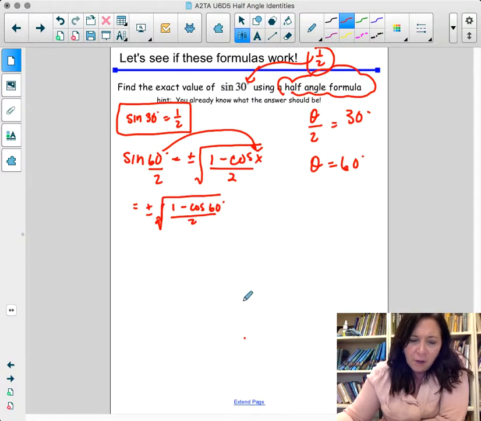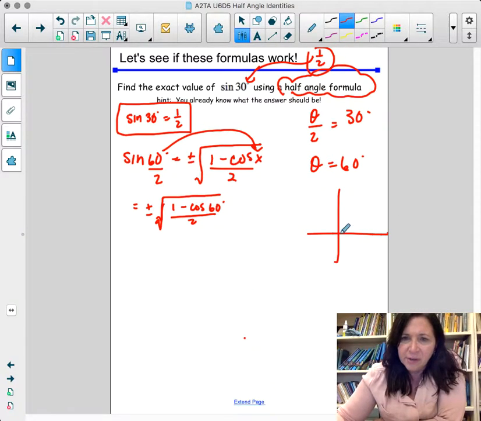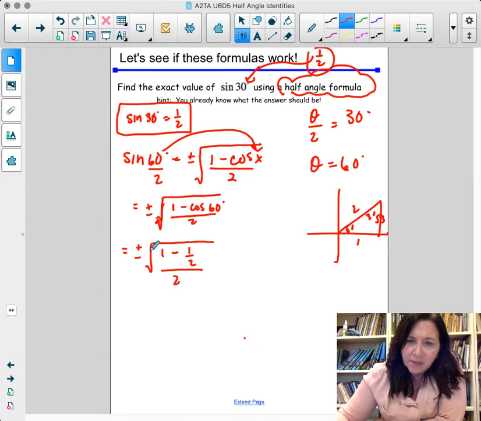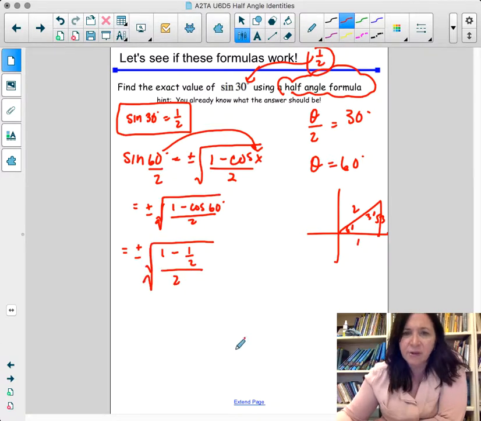Now, if you recall, for 60 degrees, here's 60, here's 30, this is 1, 2, and this is the square root of 3. So cosine is a half. And so it's saying plus or minus the square root of 1 minus a half, all divided by 2. Again, everything's under the root.